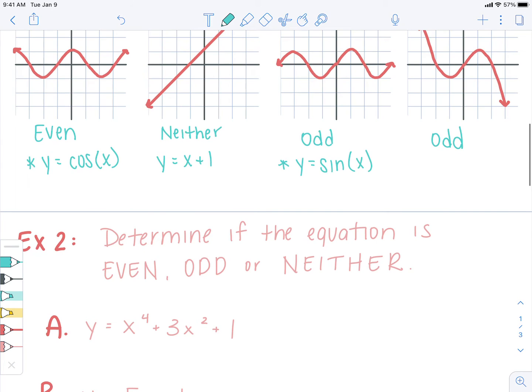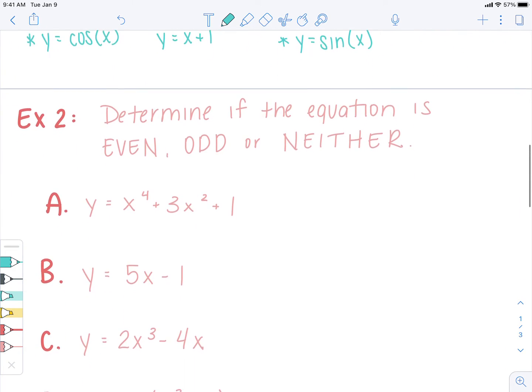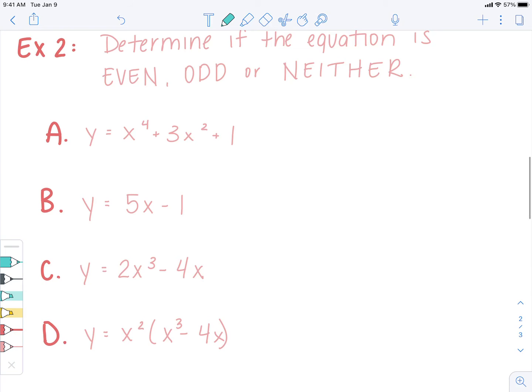First one I'm going to give you is y equals x to the 4th plus 3x squared plus 1.